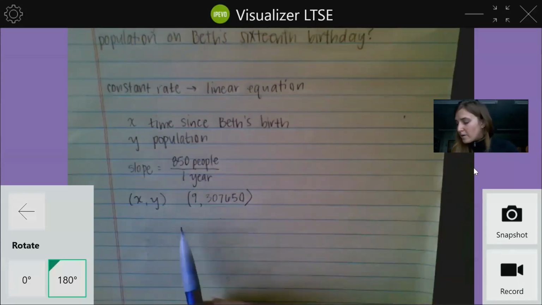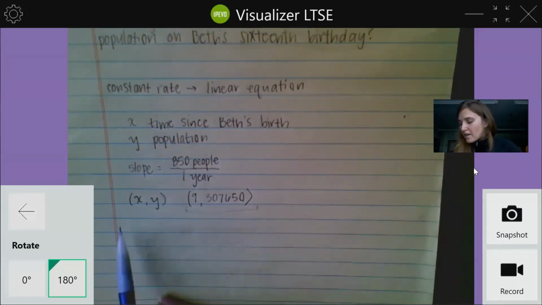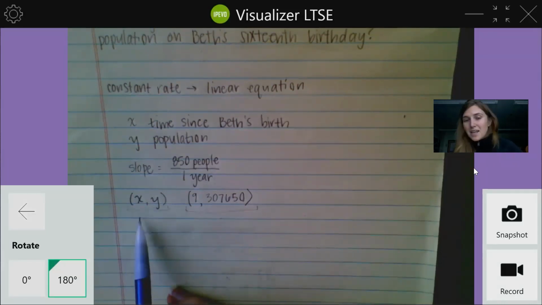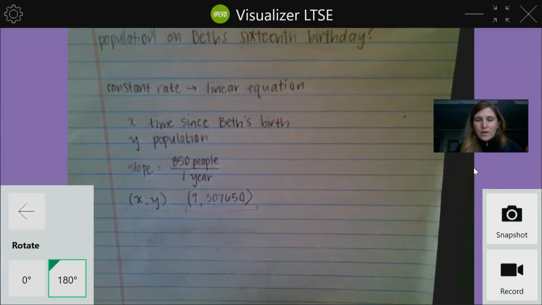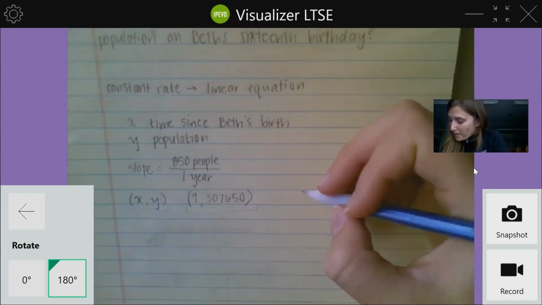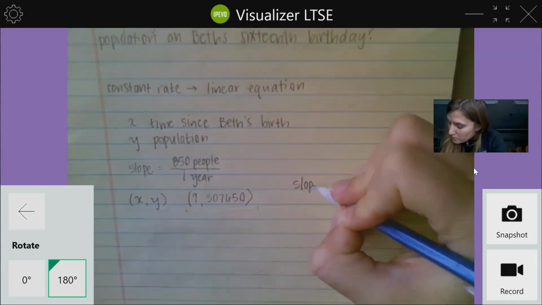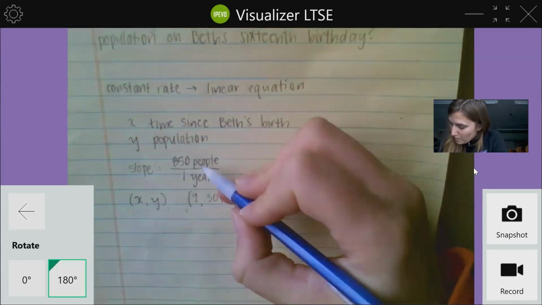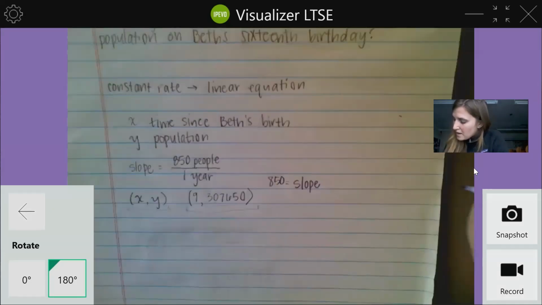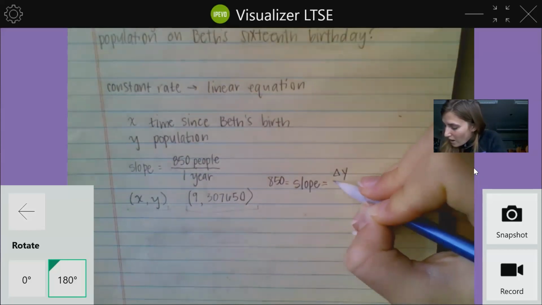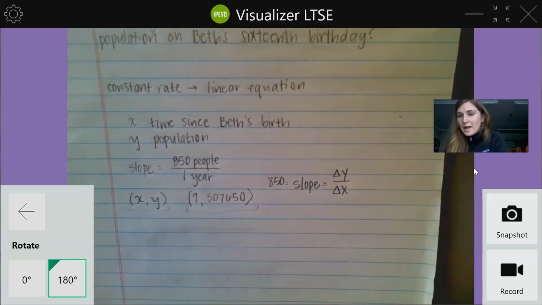So now that we have one known point, and this is standing in as our second point, in general any other point on the line is going to be in that form. What we can do is use our slope formula to find a linear equation. So let's remember our slope formula. Slope, which in this case is equal to 850, is calculated by taking the change in y and dividing it by the change in x.